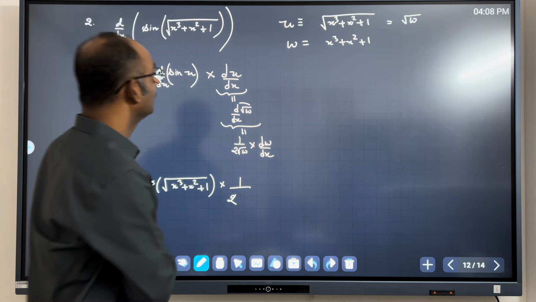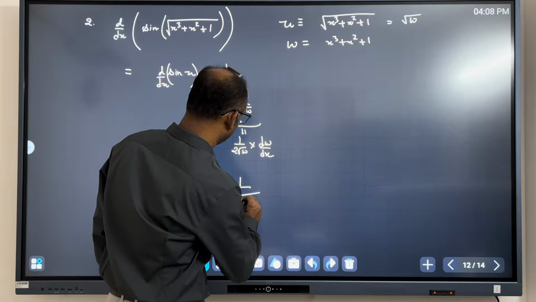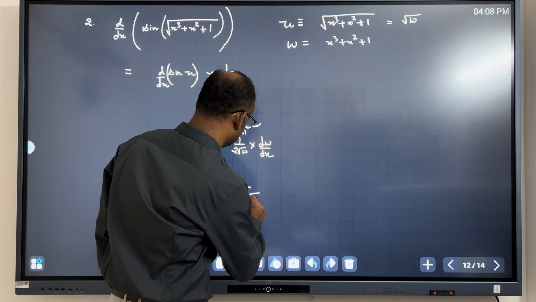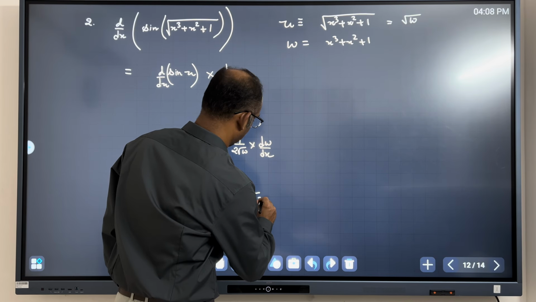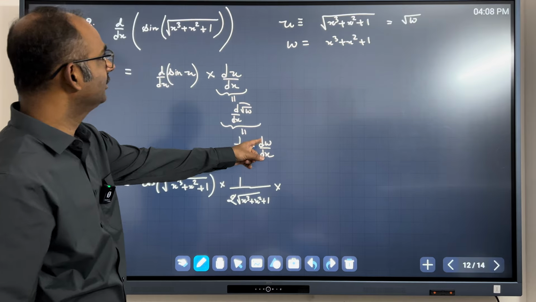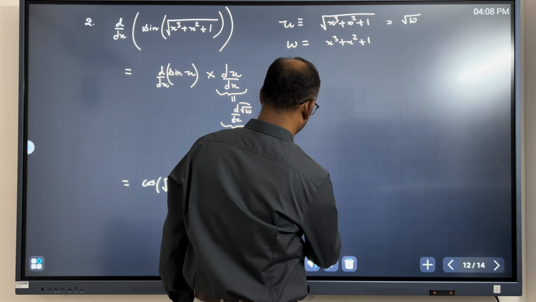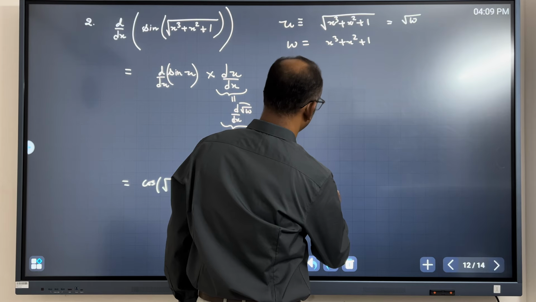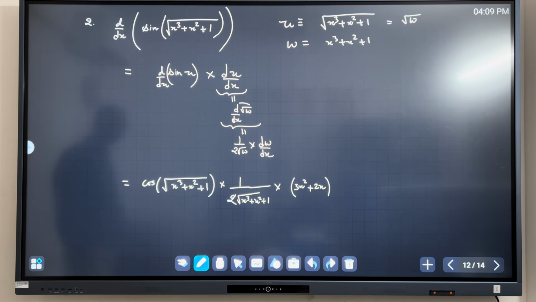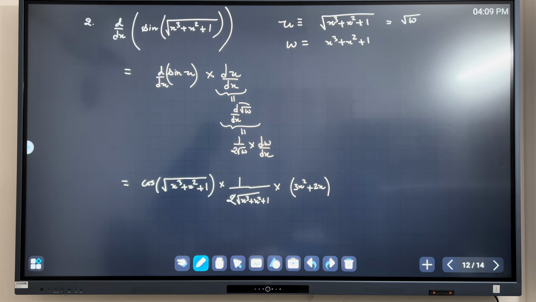So 1 over 2 square root of x cube plus x square plus 1 times the derivative of w. w is this, so times 3x square plus 2x. So that's your result. Do you agree? Agreed.